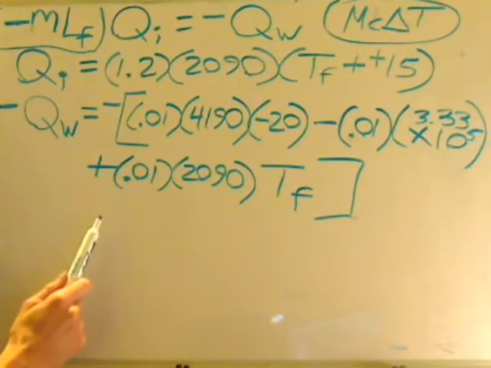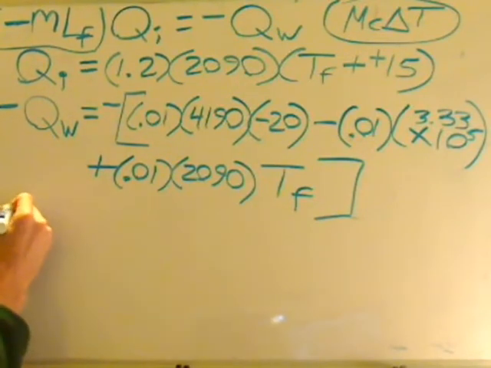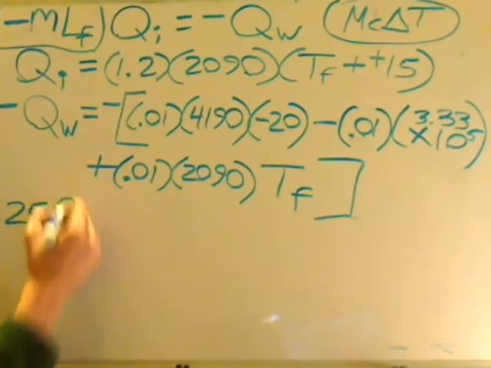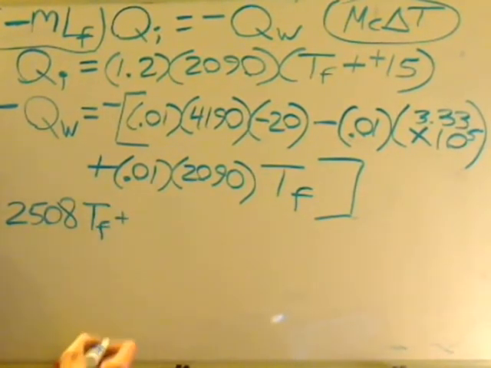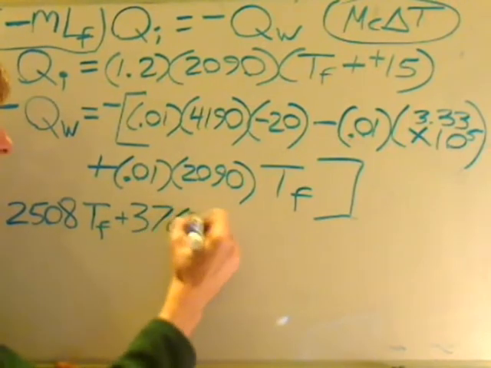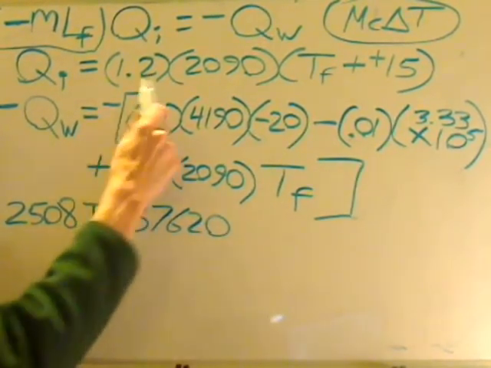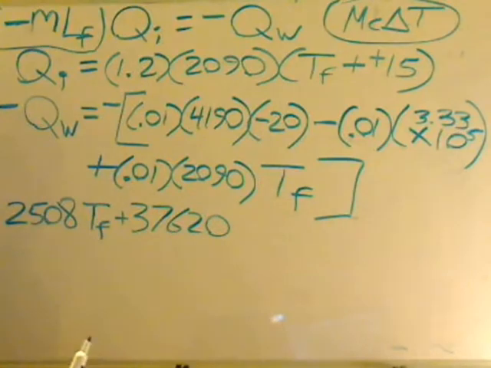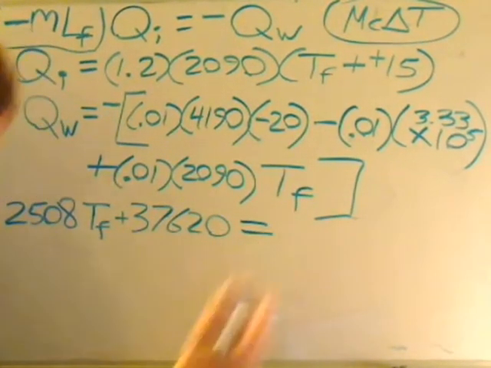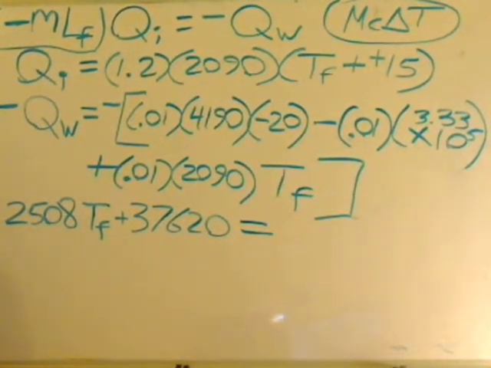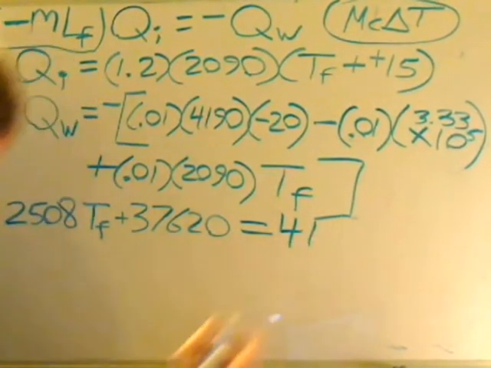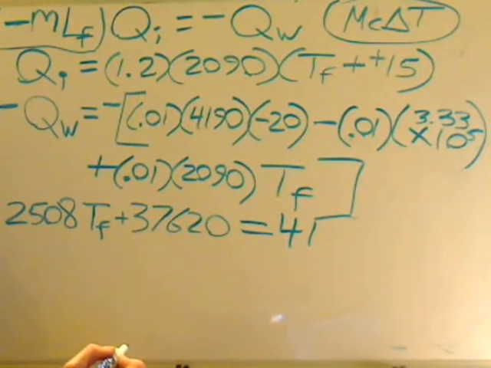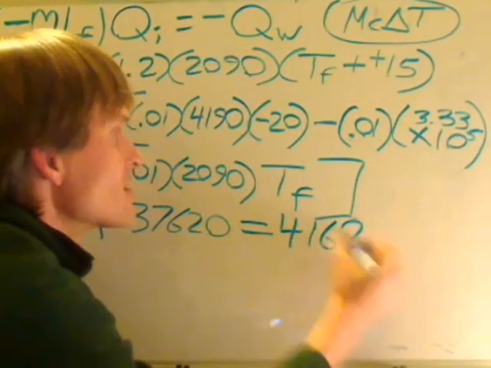So let's multiply that out. When you multiply it out, you get 2508 T final plus 37620. That's what happens when you multiply this stuff out up here. That equals 4168 minus 20.9 T final.